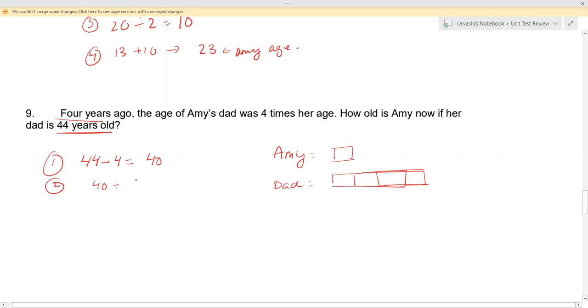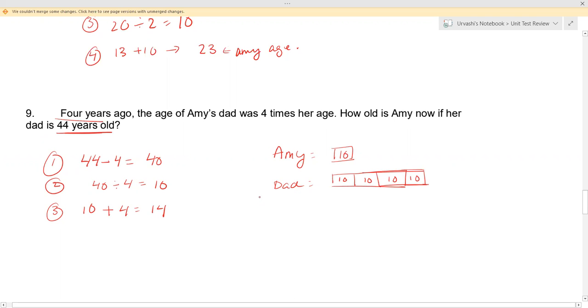So 1 block equals 10. And then 10 plus 4 equals 14. Good, that's her age now. Everybody follow the steps?